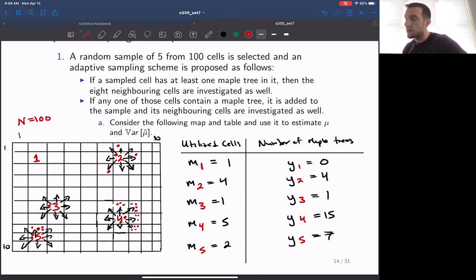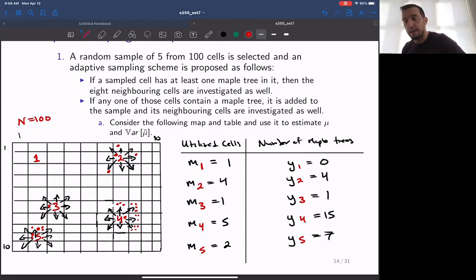Now it's the same idea for the remaining situations. For number 3, we have 1 circle inside that box indicating we found 1 tree. We branch out to all neighboring cells, but in this case, we find 0 maple trees. So we have 1 tree, Y3, and 1 cell, M3. Then we go to number 4.